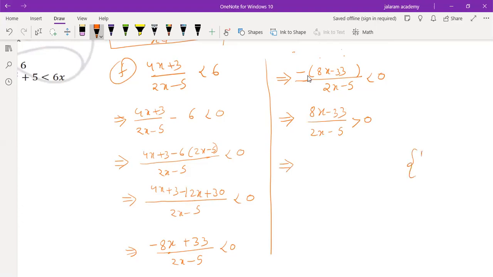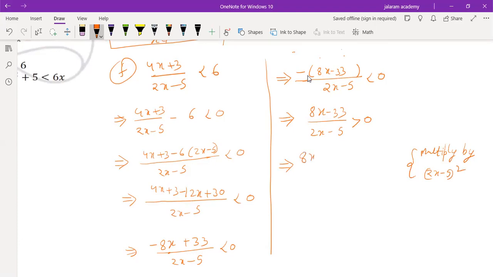Multiply by what? 2x minus 5 whole square. Square of the denominator.